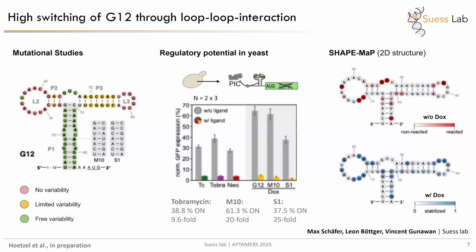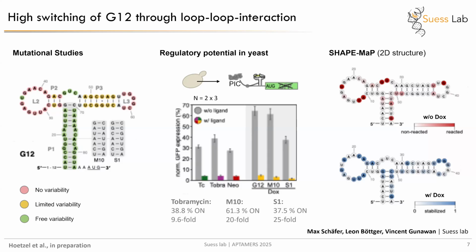But also interestingly, we have almost no reaction for some parts of L2 and L3, indicating there's some structure going on that prevents them from reacting. And then we also did it with doxycycline and checked for the stabilization, so the lowered reactivity of the single nucleotide positions. And again, we saw the highest stabilization occurring in L2 and L3, again hinting towards some role in binding and also in switching.